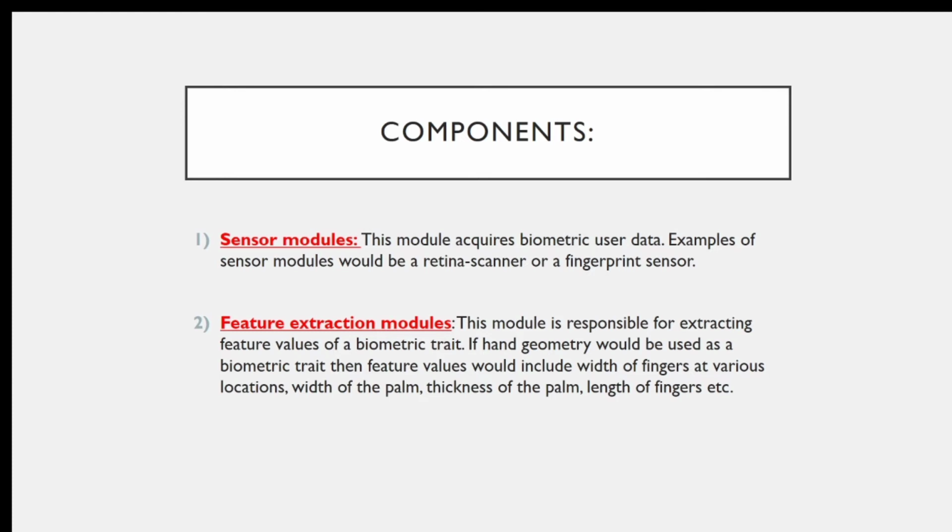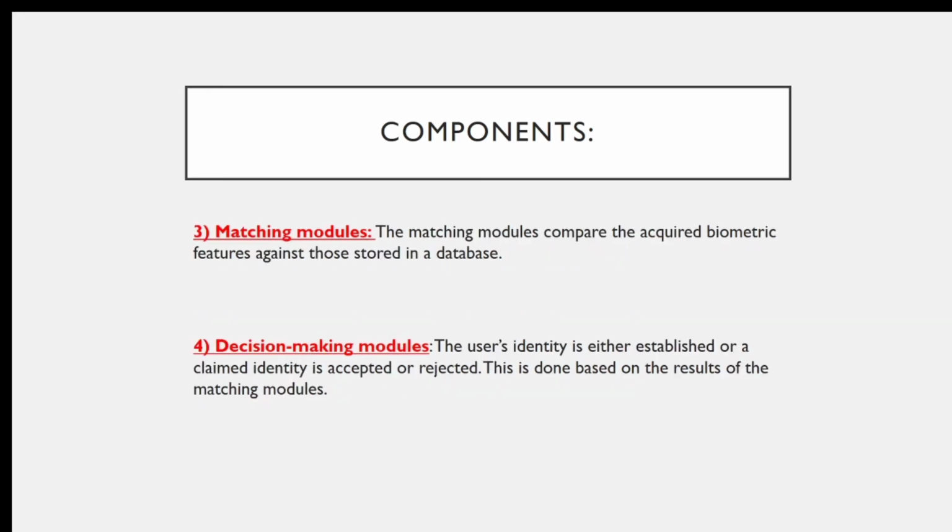Then the feature extraction module. This module is responsible for extracting feature values of a biometric trait. If hand geometry is used as a biometric trait, then feature values would include the width of the fingers at various locations, width of the palm, thickness of the palm, length of the fingers, etc. The next one is the matching module.